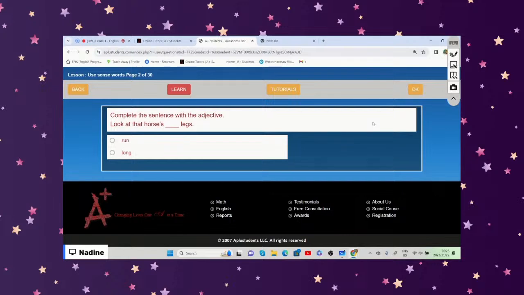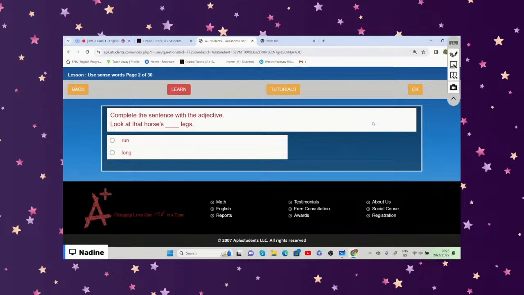Look at the horse's legs. Is it the run legs or long legs? So look at the horse's legs.